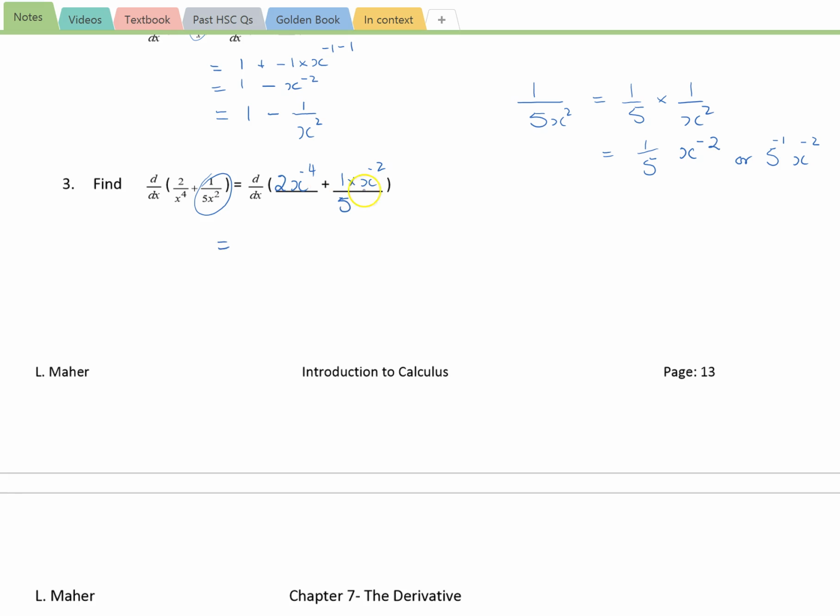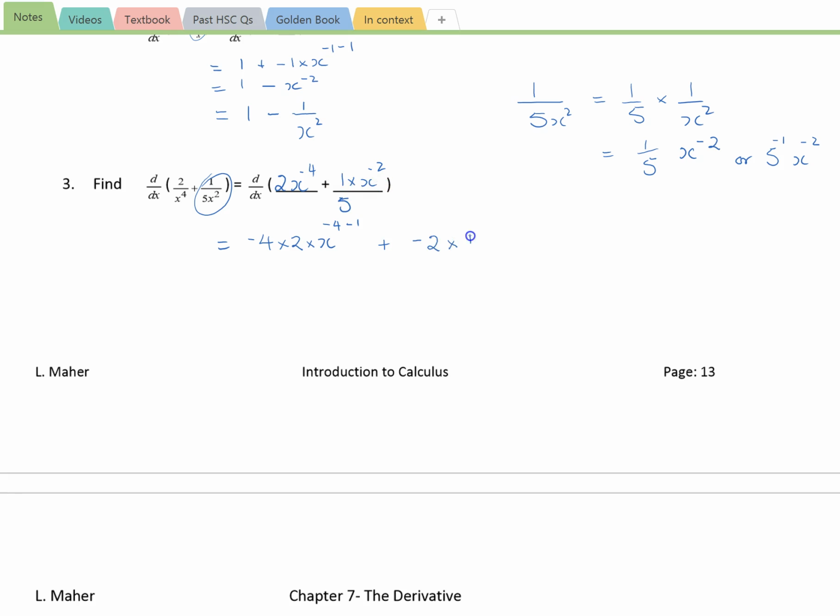So it's in a format such that I can differentiate it now, and I'm not going to keep emphasising that I don't have to rewrite d dx because I am differentiating now. I hope that you've taken note of that and you'll be able to practice it. So I've got minus 4 at the front times 2 times x. I've got minus 4 and I'm subtracting 1. Plus I have minus 2 brought to the front.